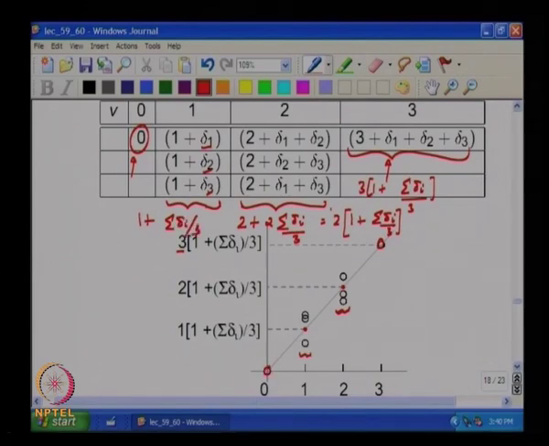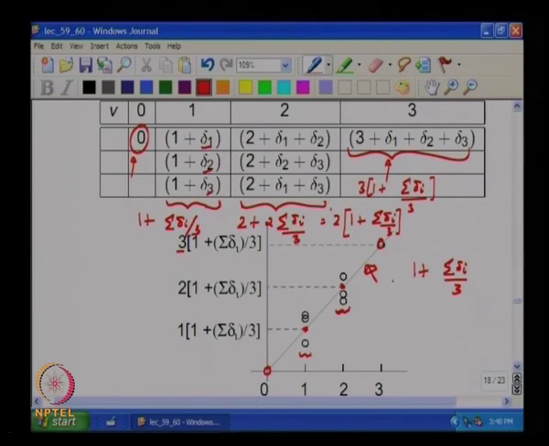And the center of gravity for 0 is 0. So, if I draw a straight line as shown here, are you able to see the dull grey line? That has a slope of 1 plus sigma delta i by 3, and the centers of gravity of each of these codes lie on a straight line.